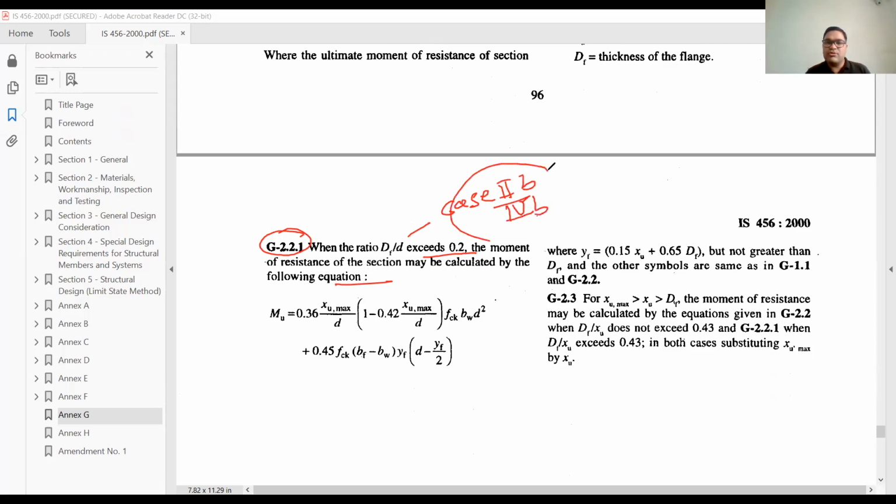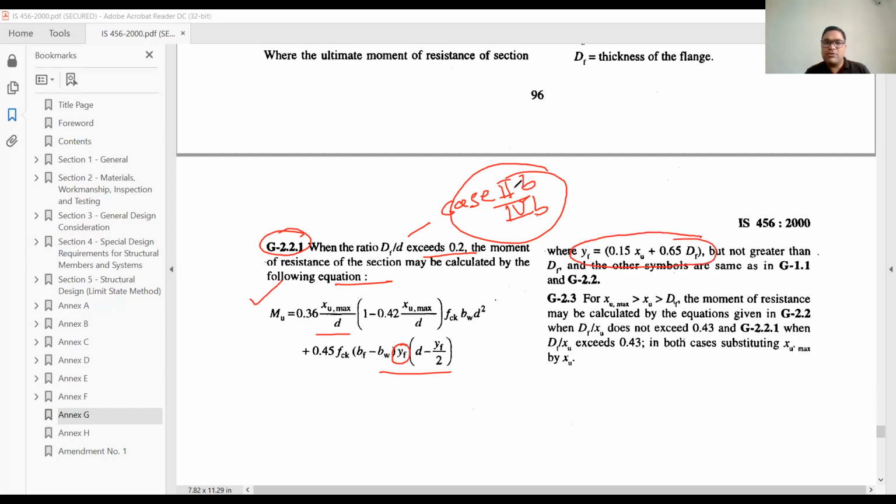In that scenario, we will be calculating the moment of resistance of the T beam by using this formula, 0.36 XU max by D. This is again the simplified form of the formula that I have shown you in the slide. In this scenario, we use the YF value, and YF can be calculated by this formula.